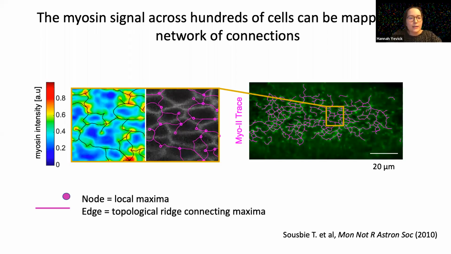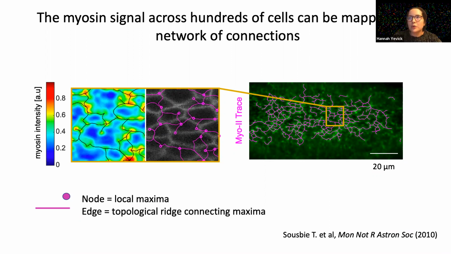And so what this does is it does a topological smoothing on your image, where you can then transform your myosin image into a network description, where nodes in your network correspond to peaks in signal, so topological peaks, and then edges in your network correspond to the topological ridges, or the mountain range peaks that connect between those two local maxima.